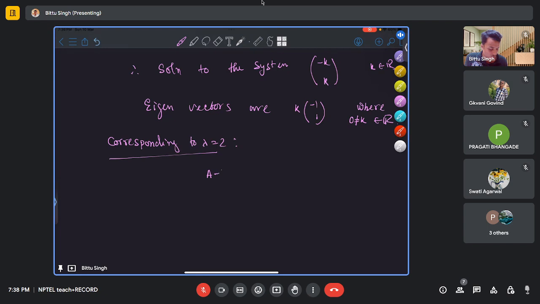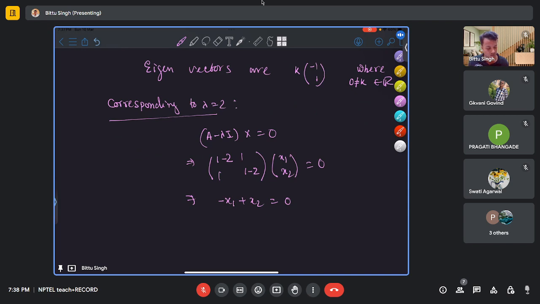This is the same as (A minus lambda I) times x equal to 0, and this is the same as the matrix 1 1 1 1, and now lambda is 2, so minus 2 here, times (x1, x2) is 0. Again, this is equivalent to minus x1 plus x2 equal to 0, from matrix multiplication. The second equation is redundant, so choose x1 equal to k, then we get x2 equal to k from this equation.